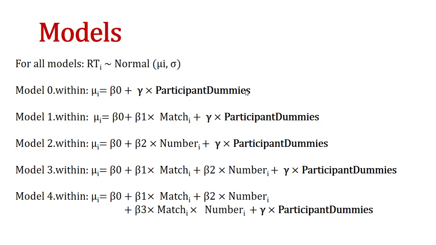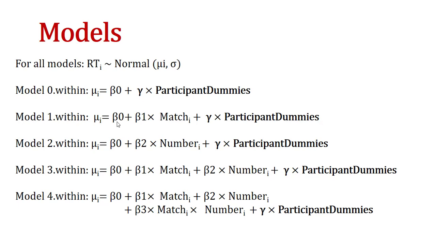Okay, so model 0 within has mu, the predictions for each participant, as just one parameter not related to the variables of interest, but we add this vector of gammas and participant dummies, which are basically the difference between means between participants.